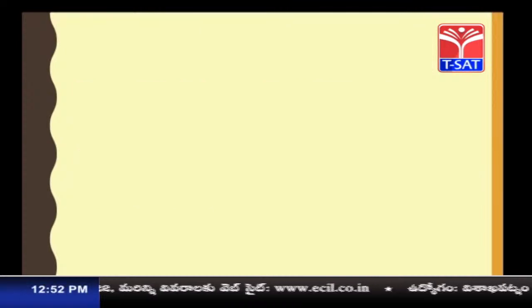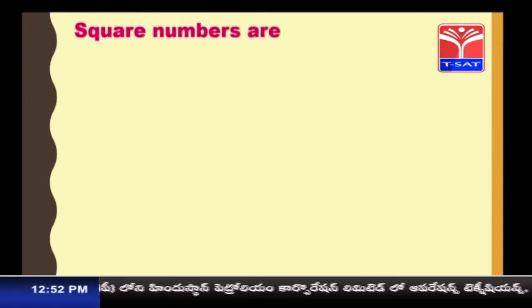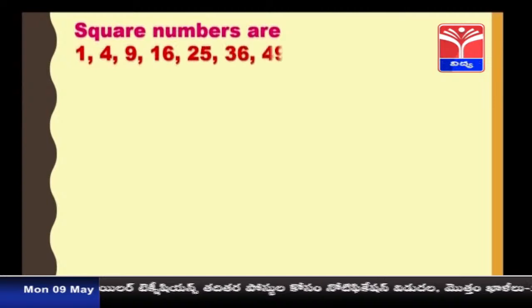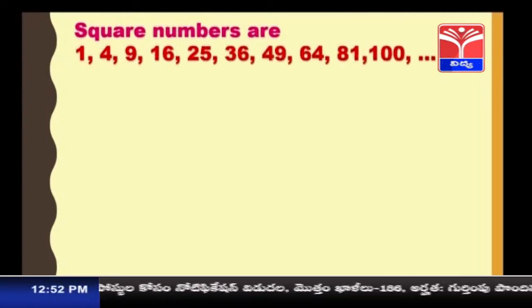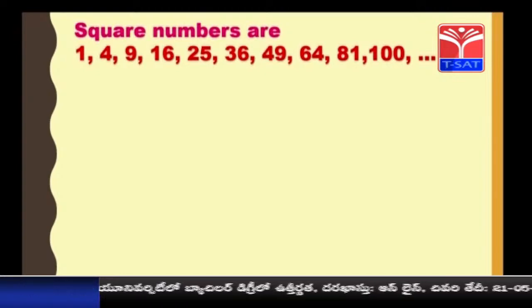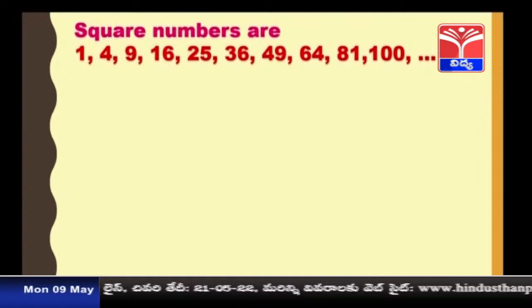First visualizing, the question is given as square of any number. So I should take the perfect square numbers, which we all know: 1 square is 1, 2 square is 4, 3 square is 9, 4 square is 16, 5 square is 25, 6 square is 36, 7 square is 49, 8 square is 64, 9 square is 81, 10 square is 100, and so on.